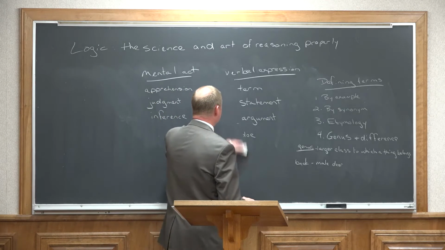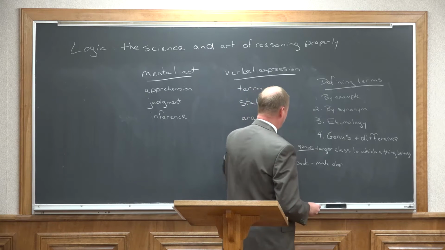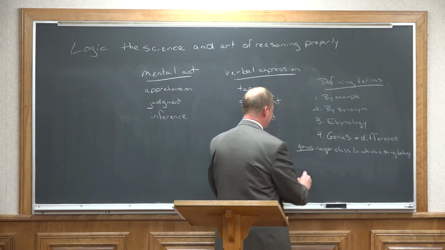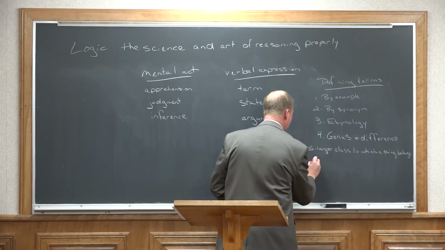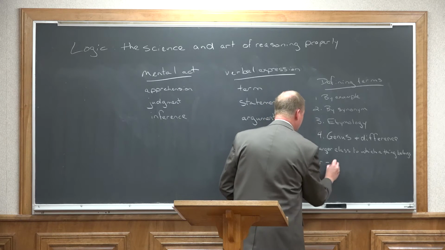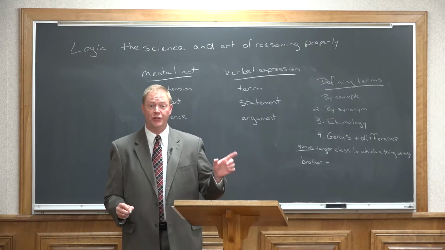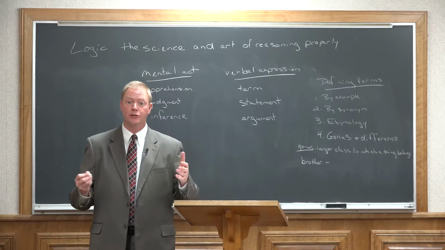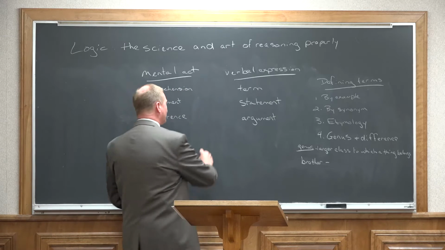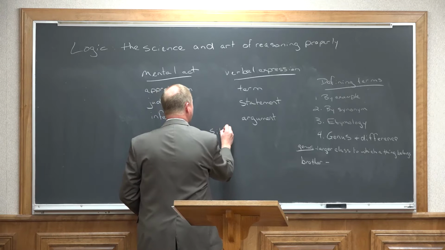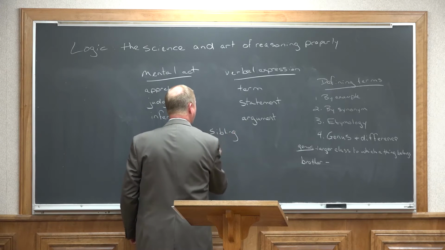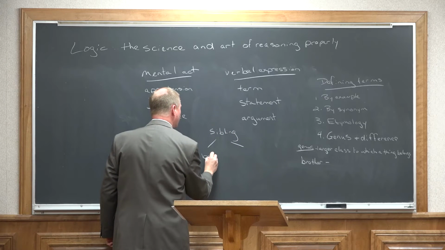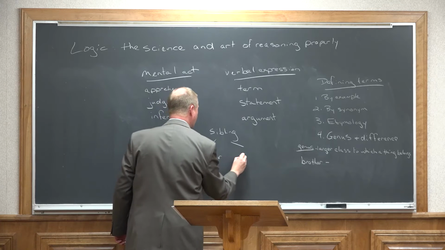say it that way. A brother. If we define brother by genus and species, a brother is a sibling. There are 2 kinds of siblings. So you've got sibling here, which is the genus. You have brother, and you have sister.